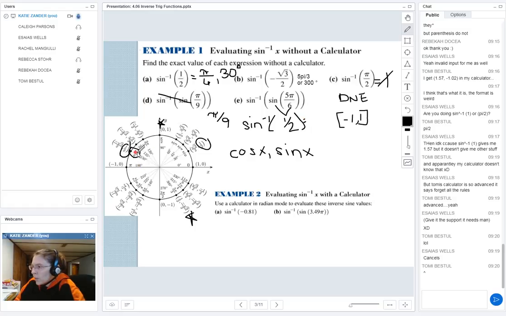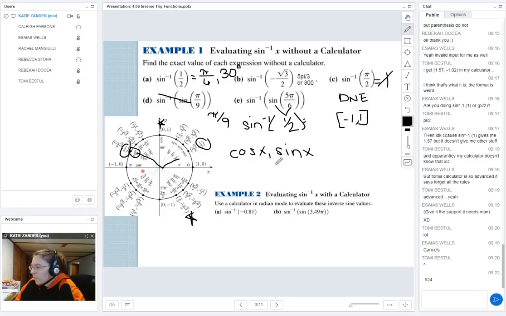And if we just bounce it back, we can see it right there. It should be 30 degrees or pi over 6, right? So sine inverse of 1/2 is the exact same thing we had in part A, and that was your 30 degrees or pi over 6.